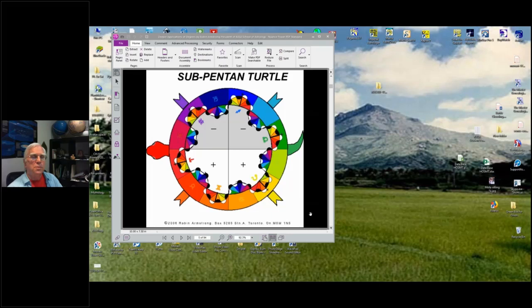So this is the drawing of the signs of the Zodiac, the turtle, the Pentans going around it 6 times, and then the sub-Pentans going around. Although I haven't got them colored, I just put light and dark for the light spring-summer half and the fall-winter half, around the sub-Pentan, the sub-Pentans around the Pentans, around the signs of the Zodiac. So this is like the 3 levels.